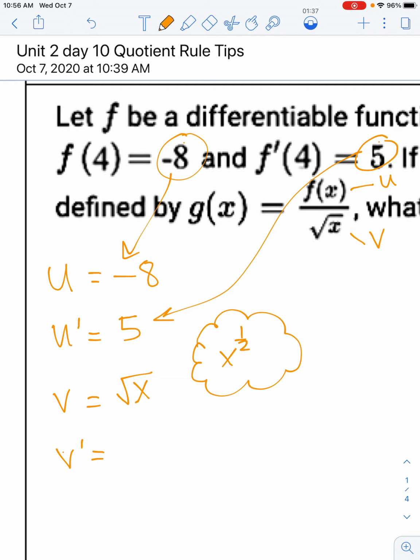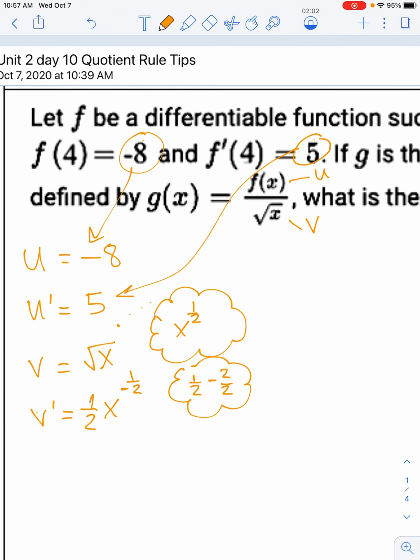So we're going to take a derivative here, v prime, so bring down the half x, and then we have to come up with a new power, right? We have to subtract 1. When I have to subtract 1 from a fraction, I always think of doing that as 1/2 minus 2/2. That makes it easier to find that new power, which is 1 smaller than the old power.